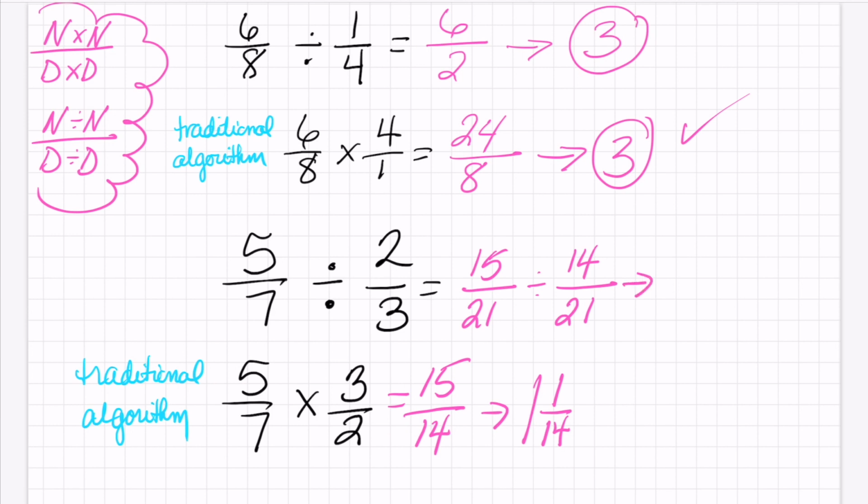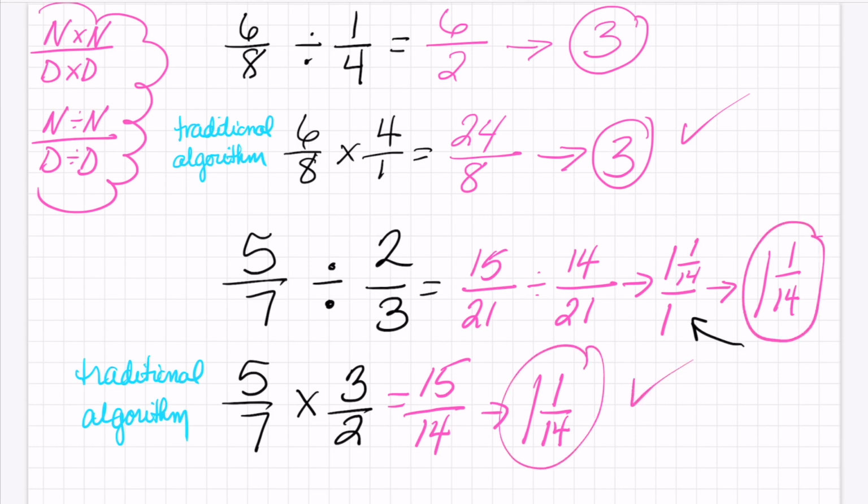When I divide across, I know that 21 divided by 21 is 1. And in my top one, 15 divided by 14 is going to give me 1 with a remainder of 1 over 14. Anything divided by 1 is just the same number, so I still have 1 over 14. So it is absolutely true.